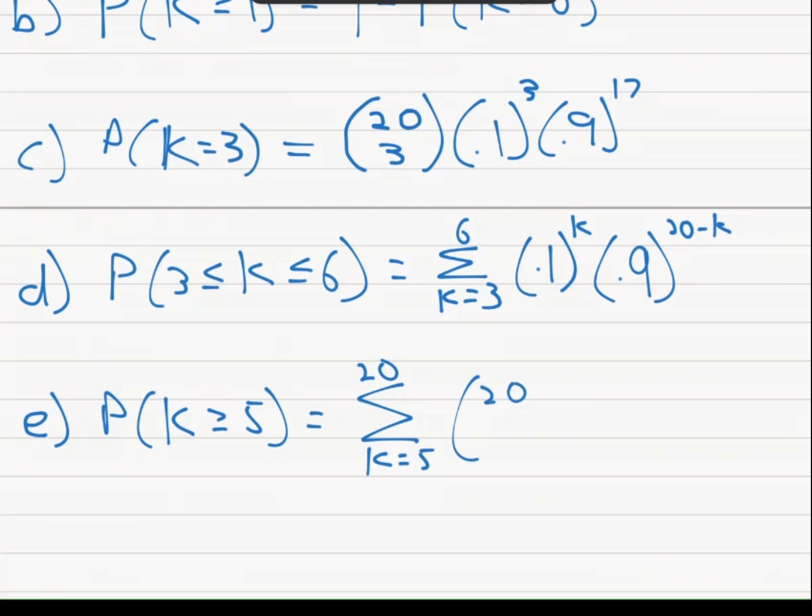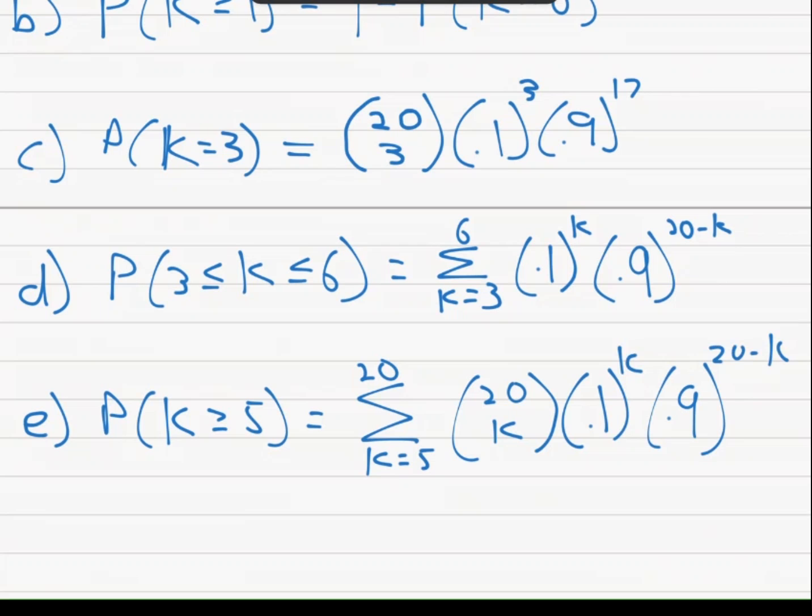Again, 20 choose K. So this is why summation notation is nice. It's always the same, right? The form is always the same. Probability of success raised to K, probability of failure raised to trials minus K, so 20 minus K.